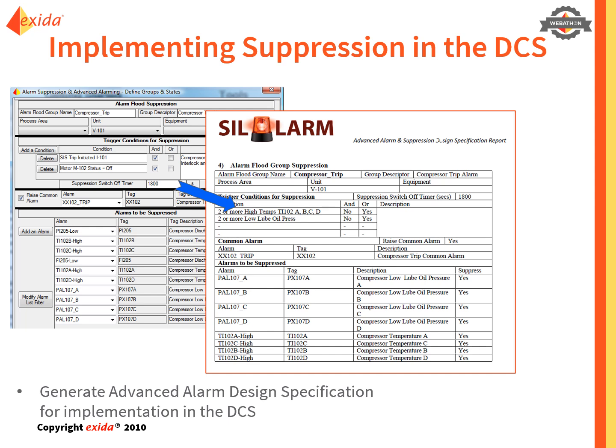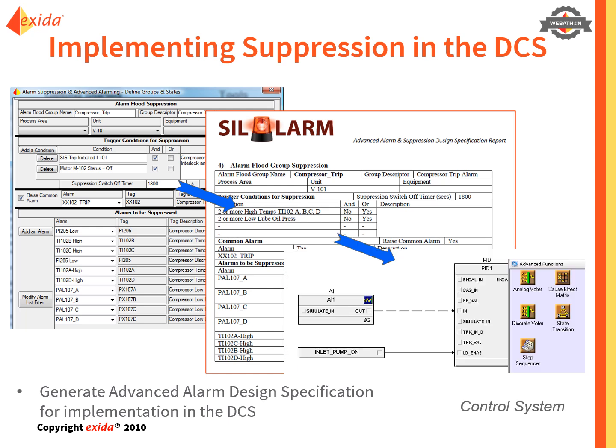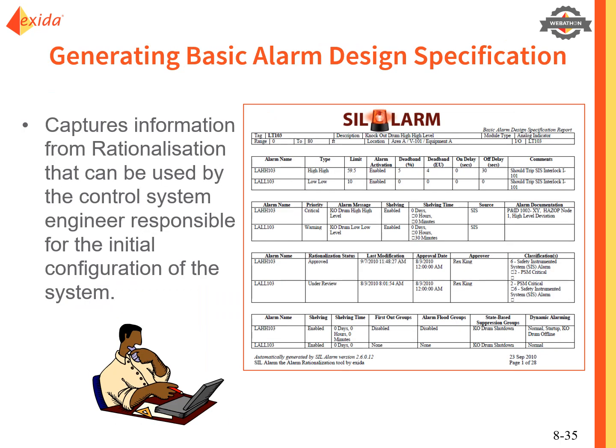We can use that to actually direct the logic changes here in the DCS level. And that can become part of your management of change procedures where the information is actually recorded and kept and controlled and can show what changes you've made to the system to facilitate the rationalization of alarms.